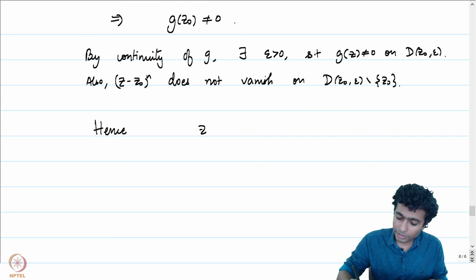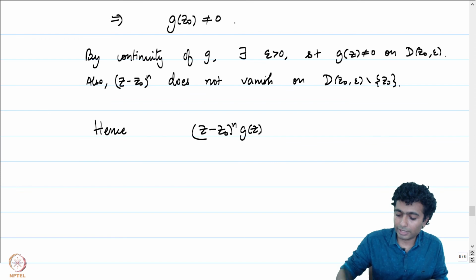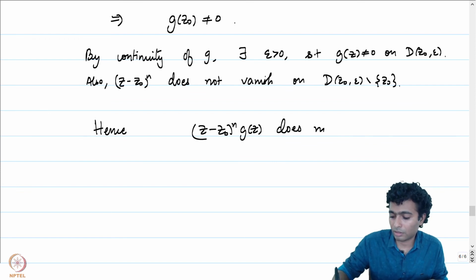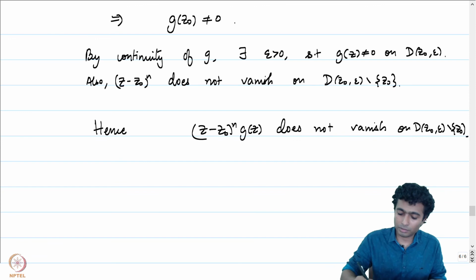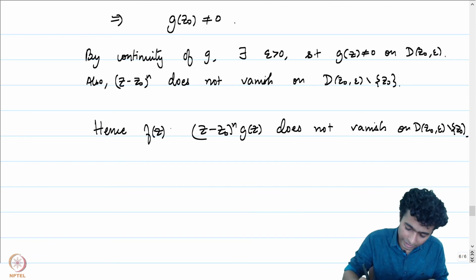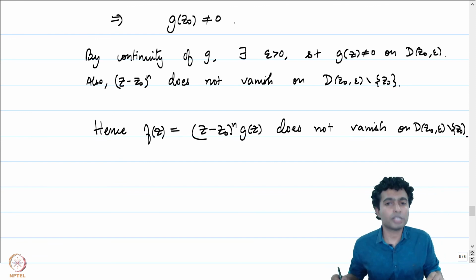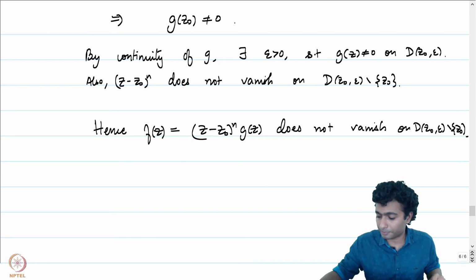Hence, z minus z0 to the power n into g of z does not vanish on D(z0, epsilon) minus the point z0. This implies that f of z does not vanish on D(z0, epsilon) minus the point z0.